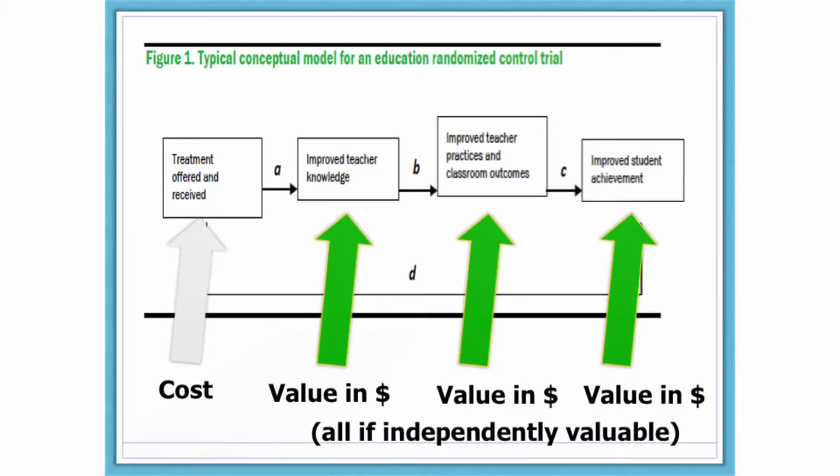So this might have a value in dollars, because teachers like doing things that work, or teachers realize that they've assigned homework that they then have to grade, and that homework was pointless, so why would you assign homework that you then need to grade, which is unnecessary? So that would save you time.